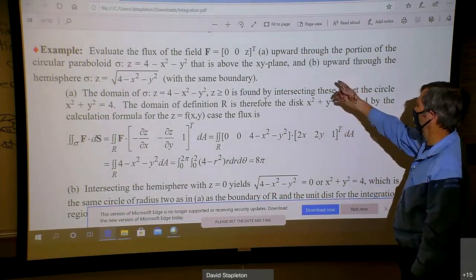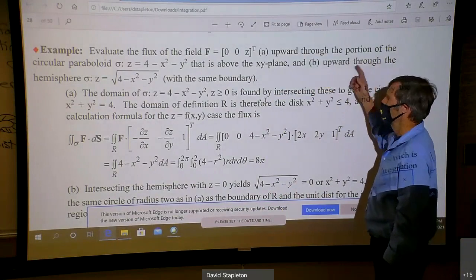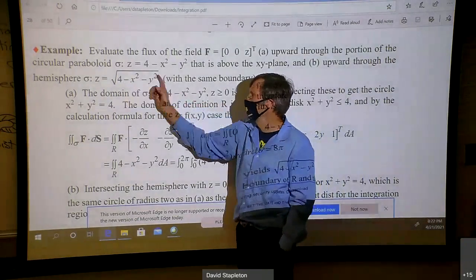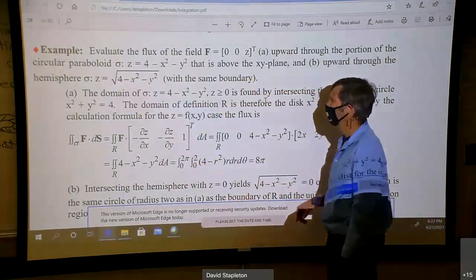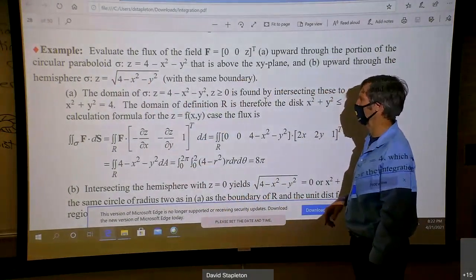And then we can do the same thing through the hemisphere, half of a sphere of radius 2. We can calculate the flux through either one of those surfaces.